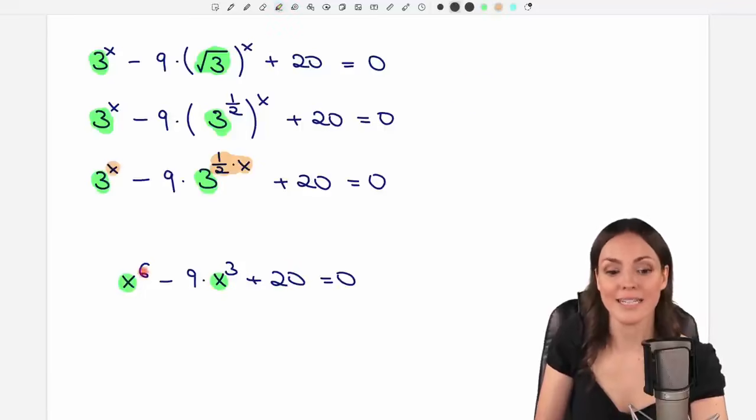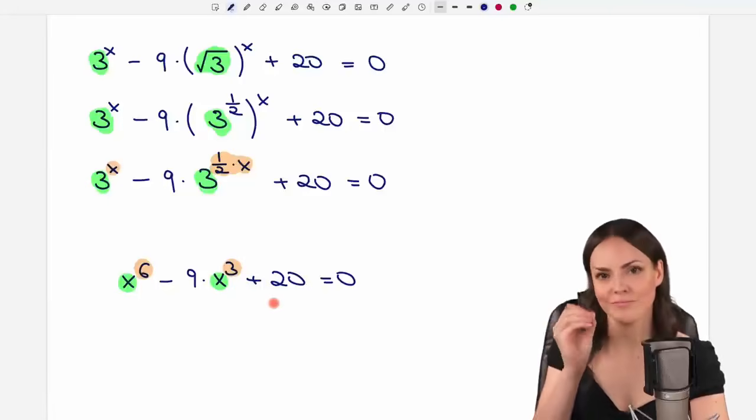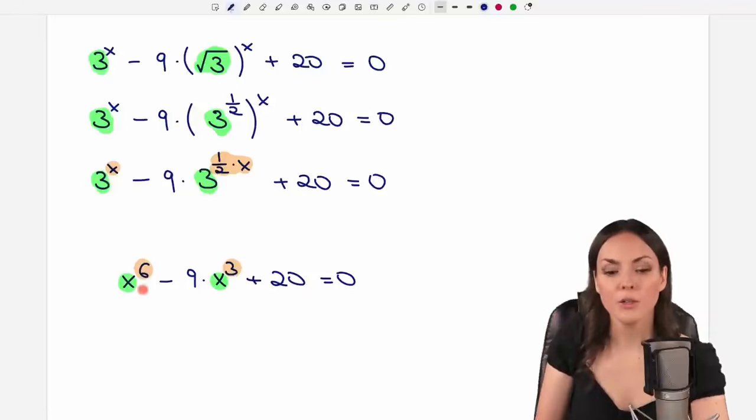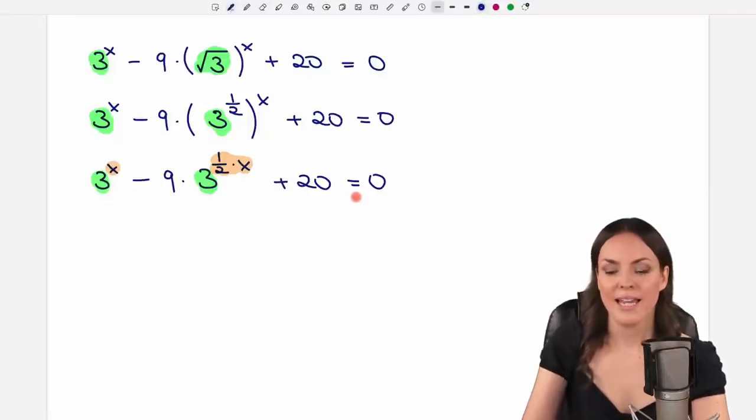And the exponents, there is a connection between the two. This number is twice as large as this number. So also for this equation, that looks completely different, but has the same structure, you could also use substitution to solve it. So it's a common way to solve equations if you see the structure.